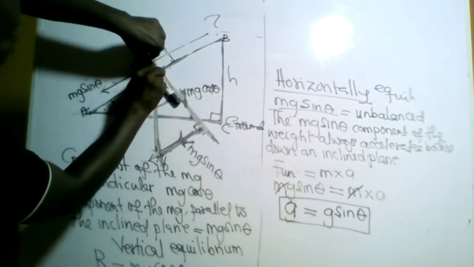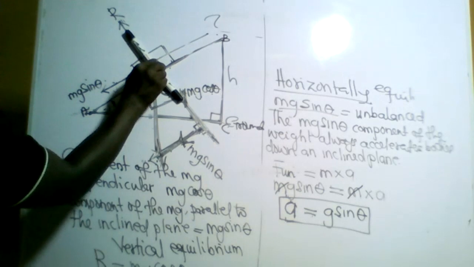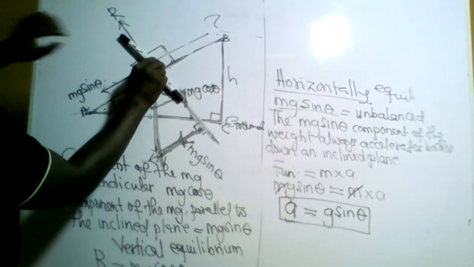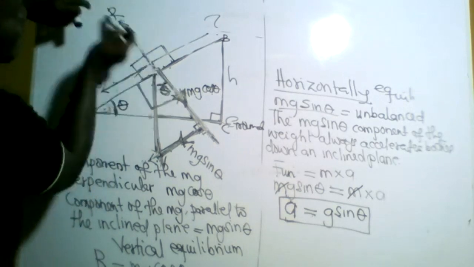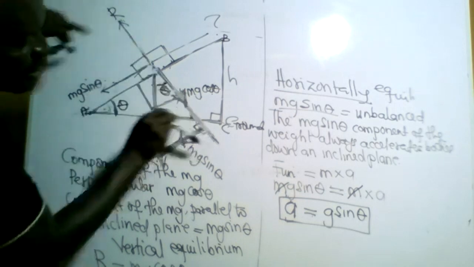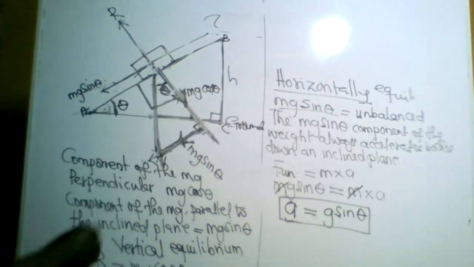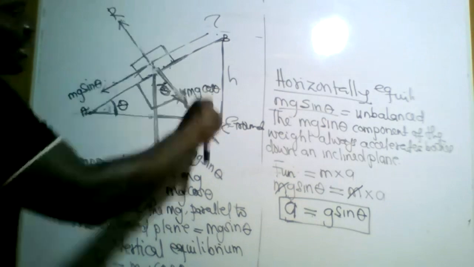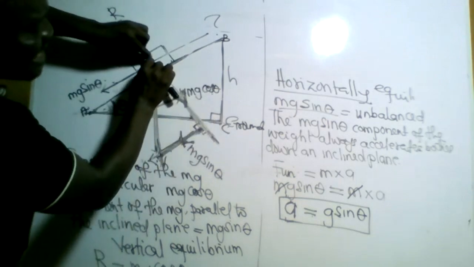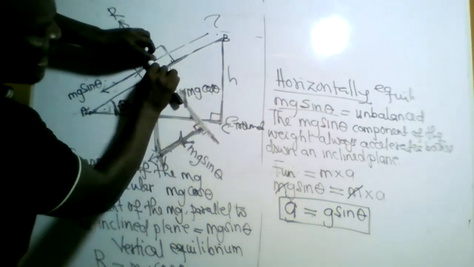Up the plane, we have R. So the reaction is balanced by mg cos theta. So vertically, these two are balanced.